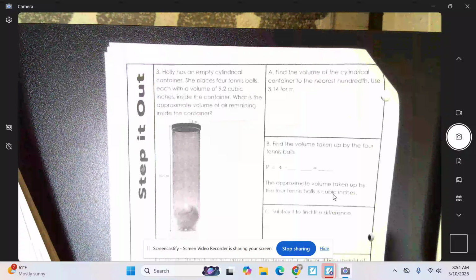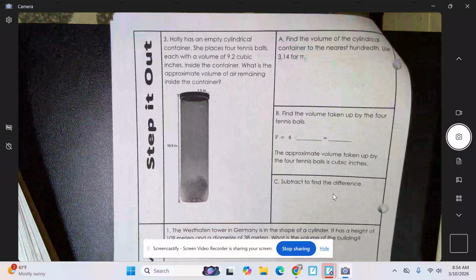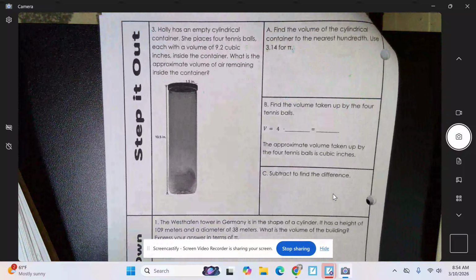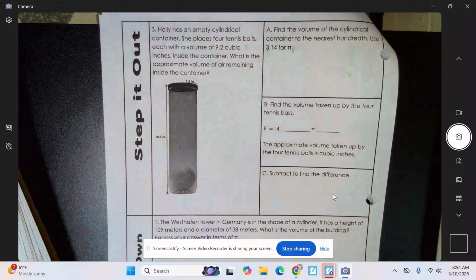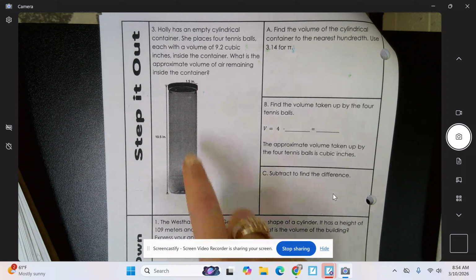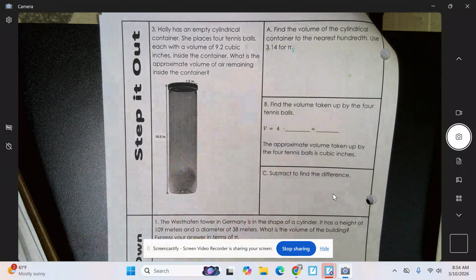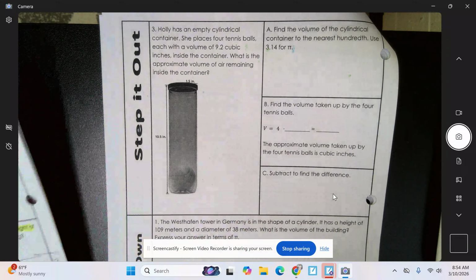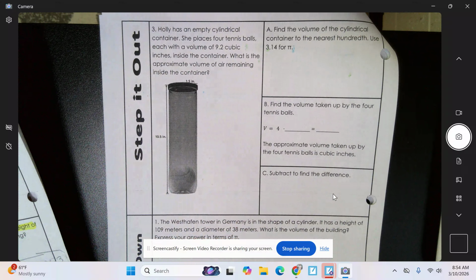Alright, this one's for my tennis players. Those of you who don't play tennis, do you know what tennis balls come in? It smells amazing. That little cylinder can, when you pop it like you pop a can. Alright, so we've got a tennis ball container here, and you typically get about 4 tennis balls in a container, right?